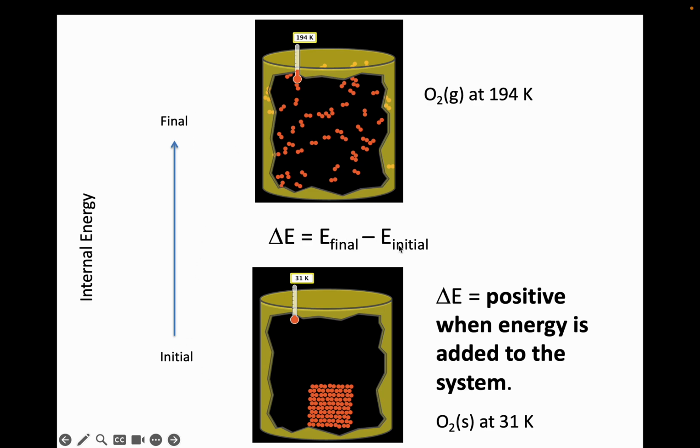When I do final minus initial, it'll be a positive value. Our change in internal energy, our delta E, is going to be positive when energy is being added to the system. And that's what we have right here. The change in internal energy would be positive as we go from a lower initial to a higher final.